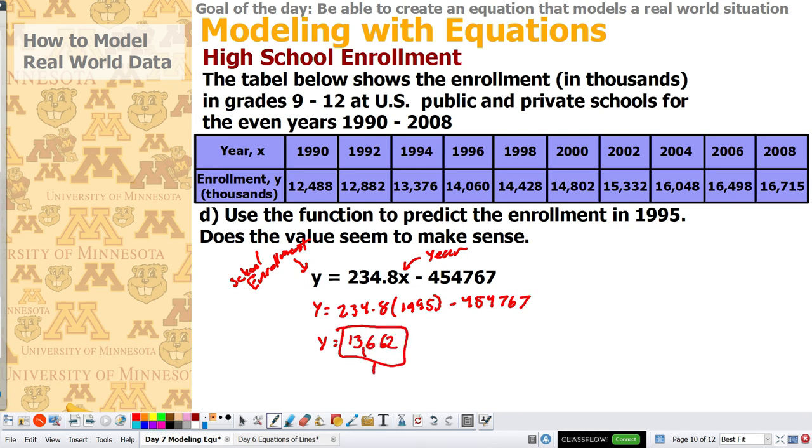And if I look at that number, it looks like that would fit nicely between those two numbers. So again, is it giving us exactly what it was in 1995? Probably not, because remember these points weren't on a perfect straight line, but it was very close. So I'm guessing this number is going to be very close to what it actually was in 1995. So again, we're using a linear model to make predictions of the real world.